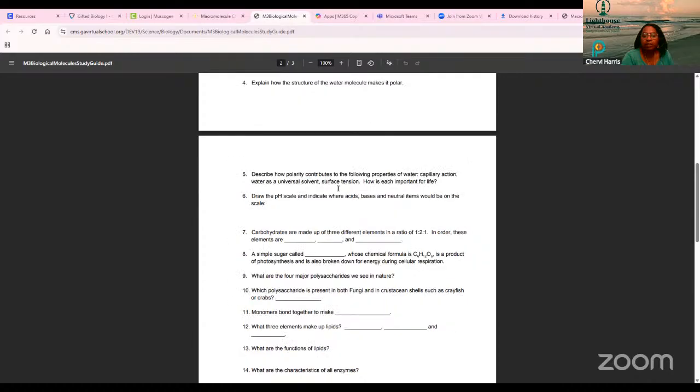And then you need to go ahead and look at the rest of these. We talked about that one. You probably need to go back to the chemistry. That's your vocabulary. You need to know what capillary action is, why we call it a universal solvent, and what is surface tension.